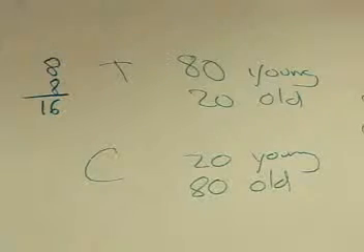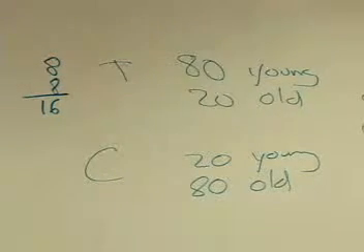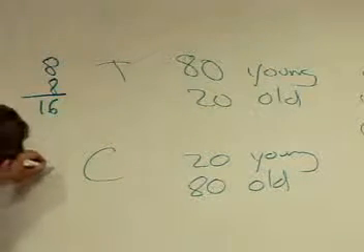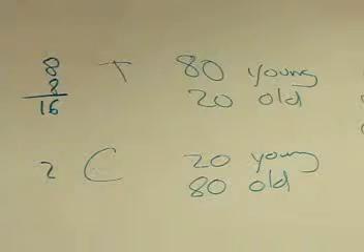8. And how many old people in the treatment group will die? 8. Everybody agree? All right. A total of 16. How many young people in the control group will die? 32. How many old people in the control group will die?